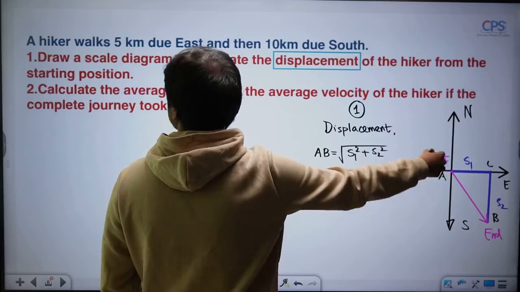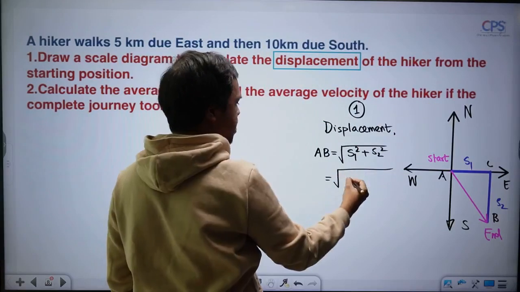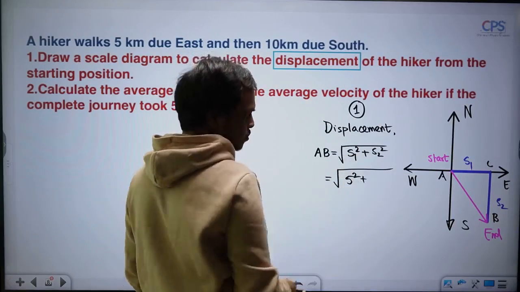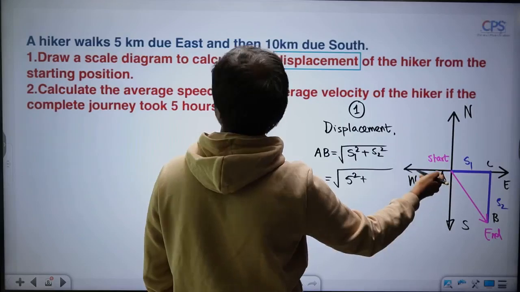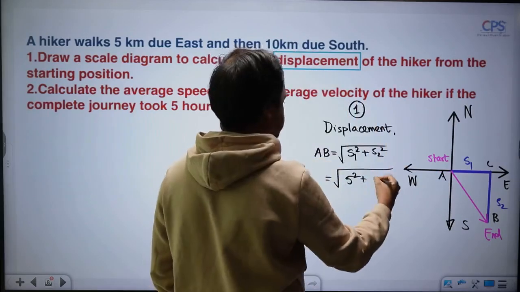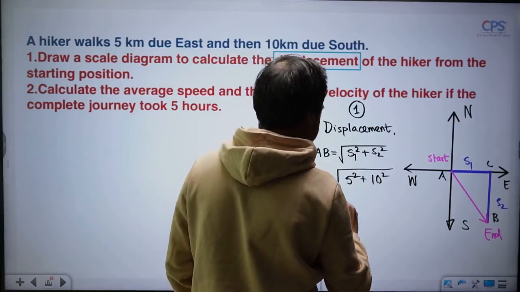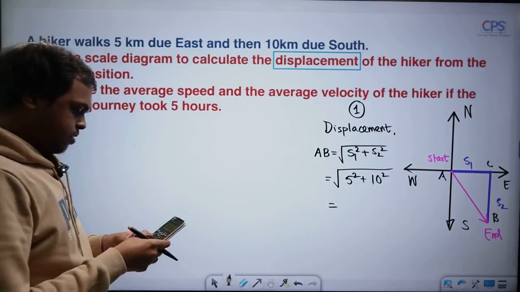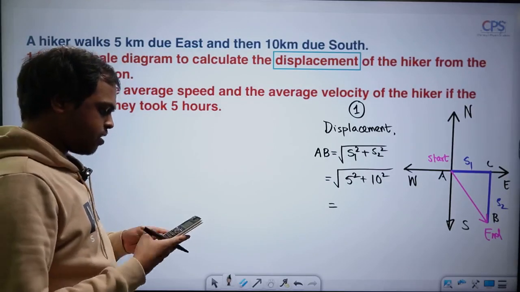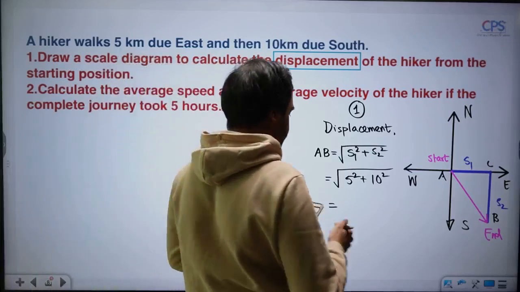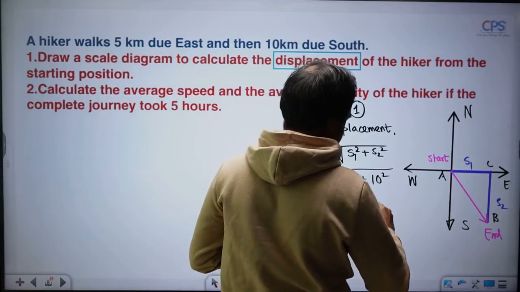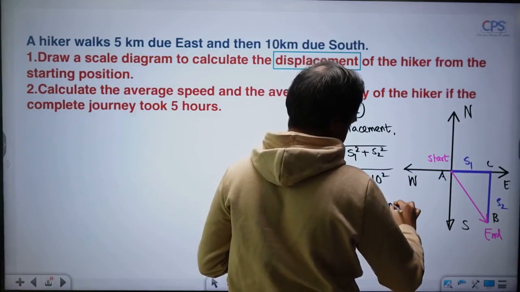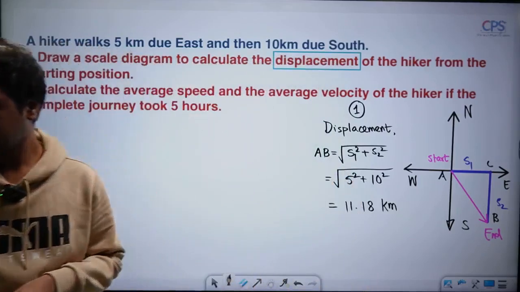S1 is 5 kilometers, 5 square, and S2 is 10 kilometers. So root over 5 square plus 10 square, it's 5 root 5 or 11.18 kilometers. That's the answer.